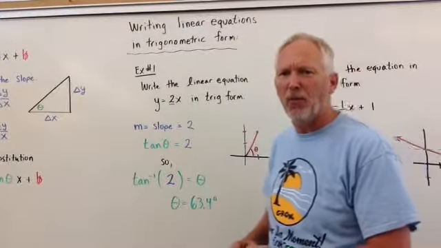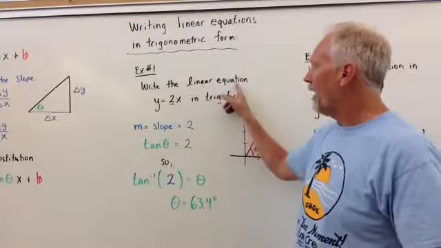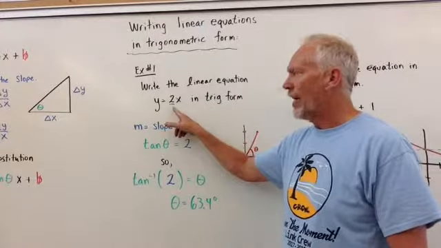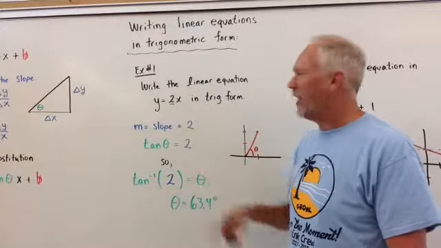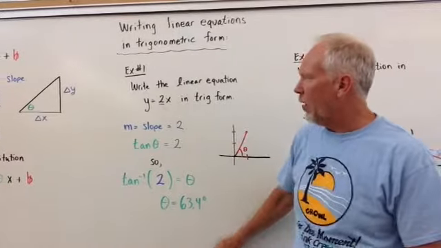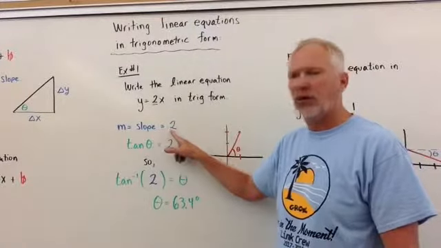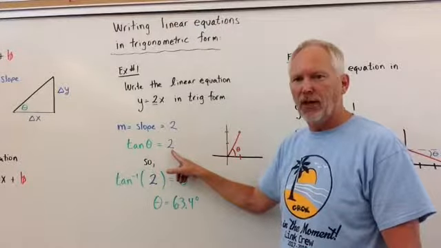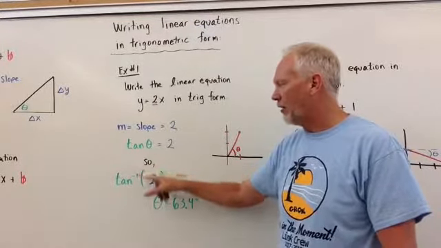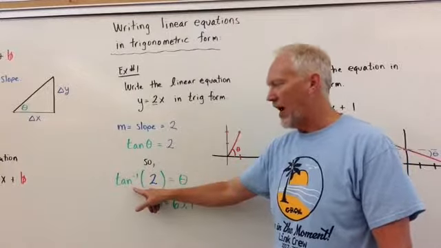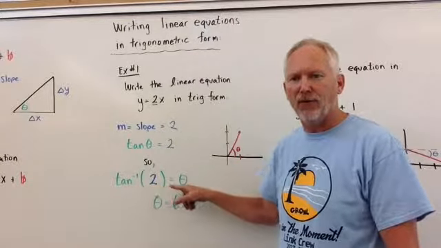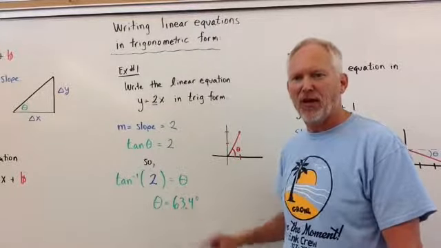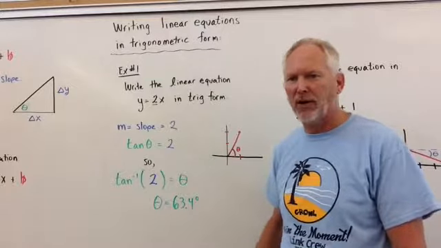Okay? So let's see, what about some application of this process? Example number 1. Write the linear equation y equals 2x in trig form. Well, we first identified that the slope is 2, and we set tangent of theta equal to 2. Now what we want to do is find the angle. So we take the tangent inverse of 2 to get theta, and theta then equals 63.4 degrees.